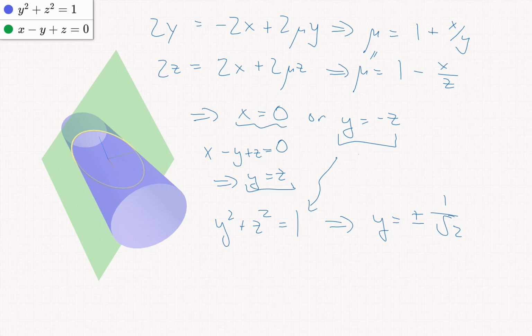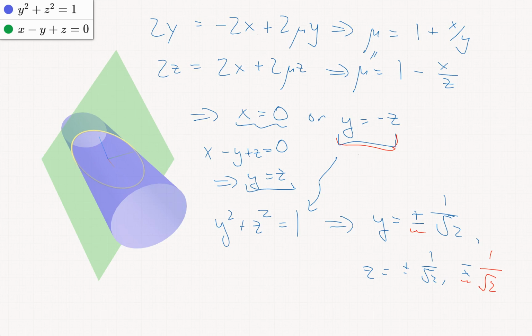And then z will either be the same in the first case or the negative. By negative plus, I mean whichever sign you took here, take the opposite one here. So the negative plus will be here. Okay, so in both cases the y and z's are going to be plus minus 1 over root 2.